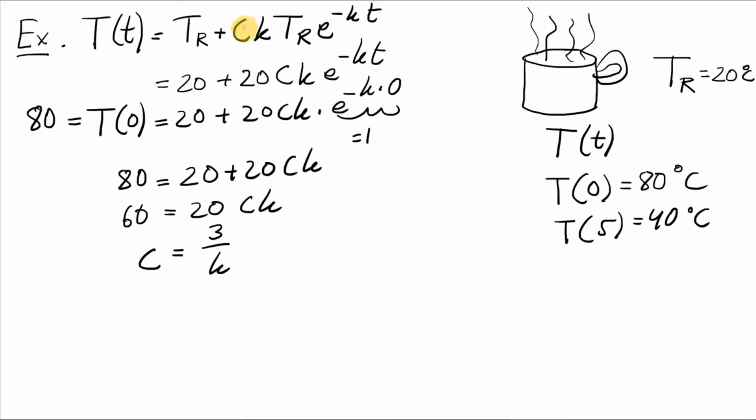So if we substitute C here, then C times K just becomes 3.